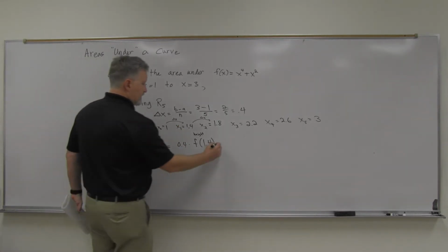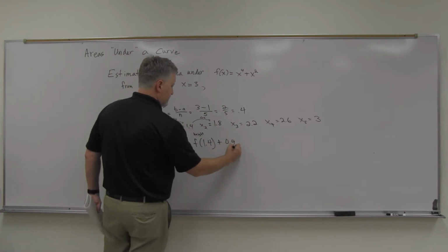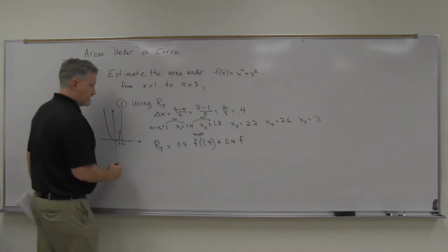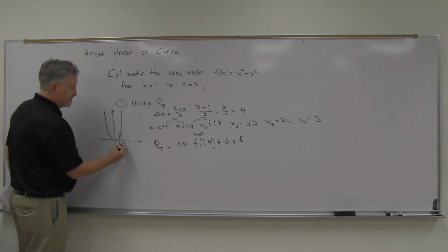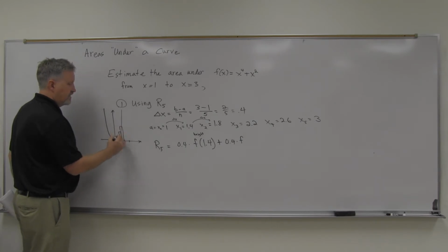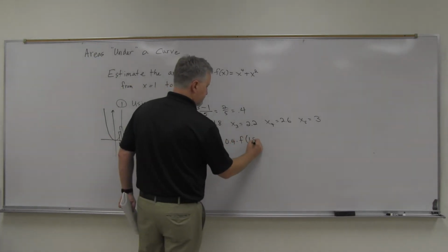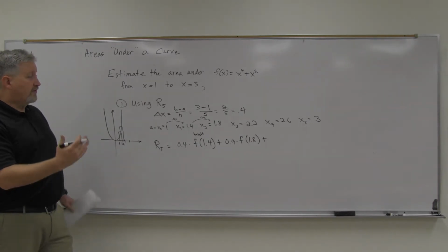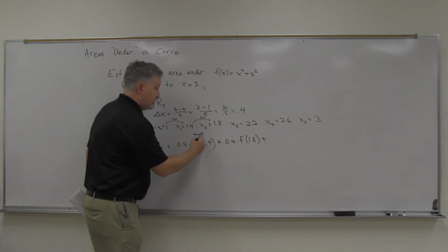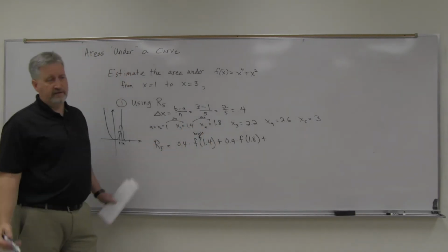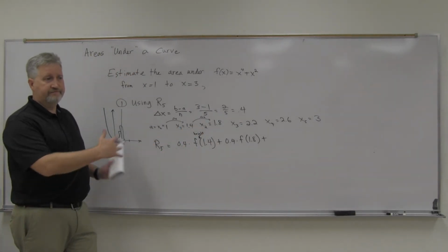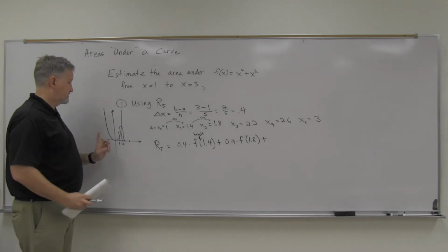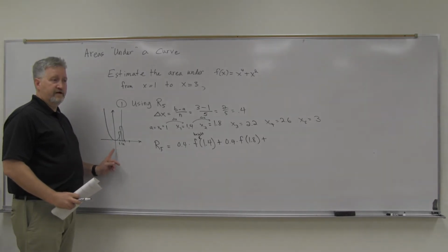All right. What about the second one? Well, the second one would be the same width, but what is its height? Using right-hand endpoints, it would be the function value at 1.8. We mentioned this a little bit earlier: those heights are just the function values at your endpoints, in this case the right-hand endpoints. If it's left-hand endpoints, we would use the left-hand endpoint function values.